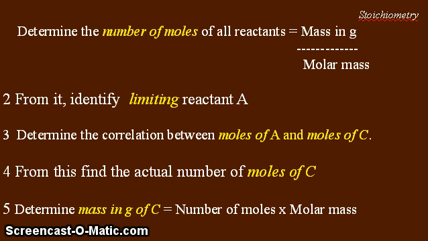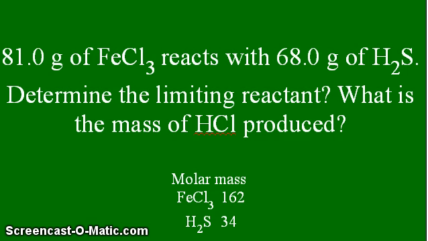Now the next step is the third step, which is determining the correlation between moles of A and moles of C. A is FeCl3, which is the limiting reactant, and C is one of the products about which we have to find. So we'll establish the relationship between FeCl3 and HCl.